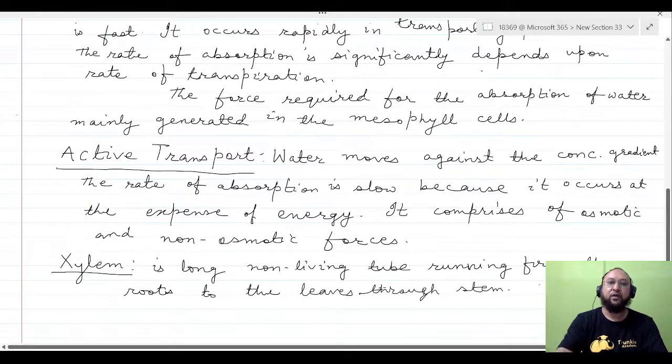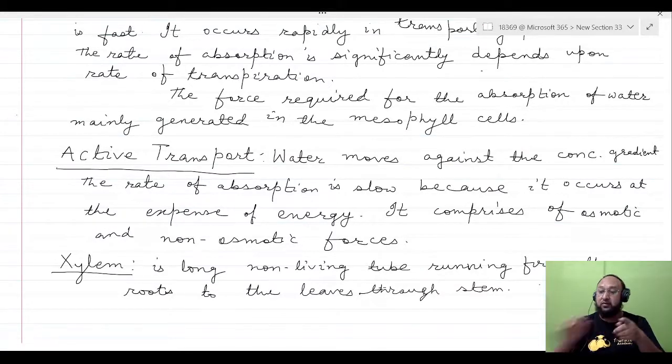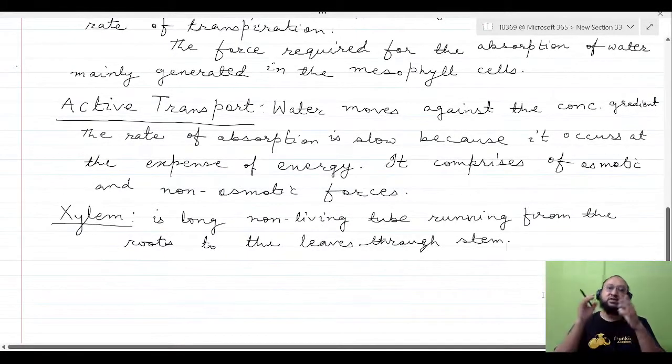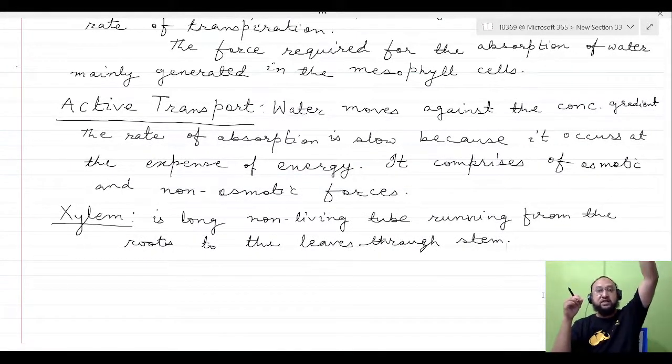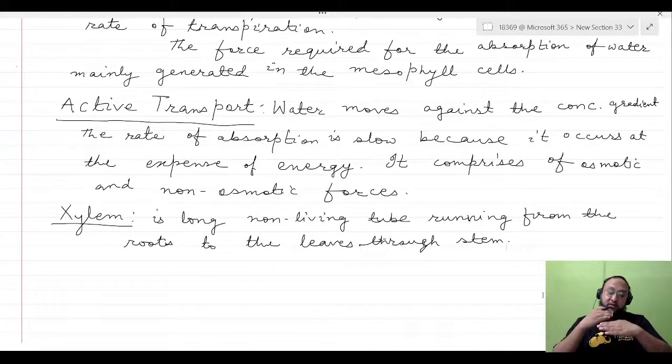So water is absorbed by the root hairs and undergoes cell to cell movement. This is an important point, because many students wonder how this is possible: in such tall trees, the water is absorbed from the soil, so how does it reach the top of the plant body? That is because the cells are arranged side by side.